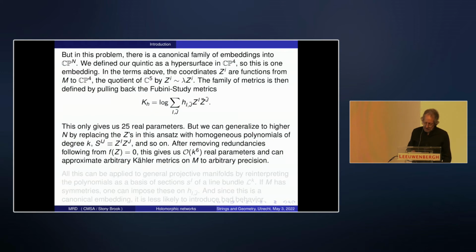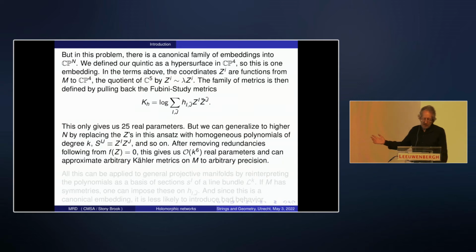And then to improve it, I can take the higher degree line bundles, concretely polynomials of degree k in z and polynomials of degree k in z bar. And then I get a sequence of fixed embeddings.